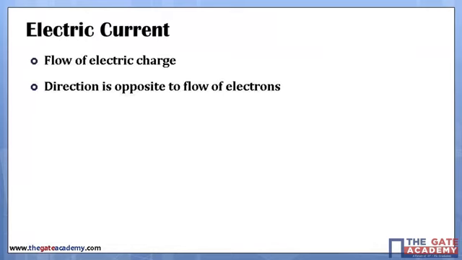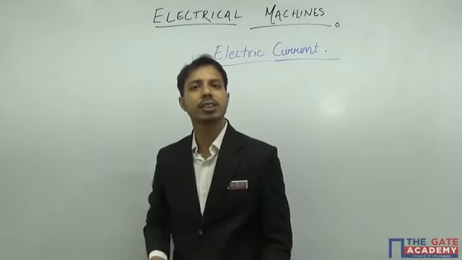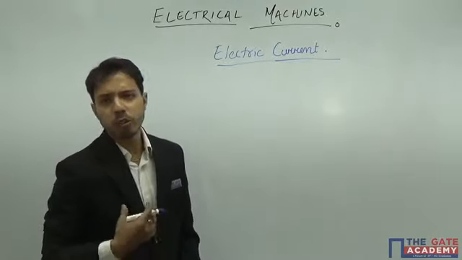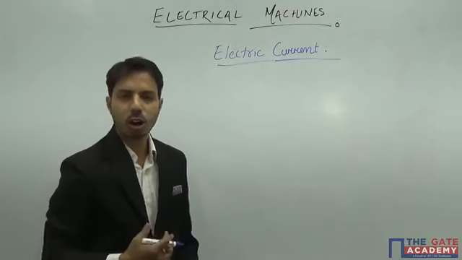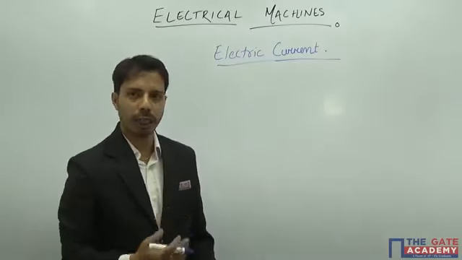The second important concept is electric current. What is electric current? This is also a very familiar term for electrical engineers or for any science student. Electric current is nothing but flow of charge, or in other words, we call that flow of electrons.